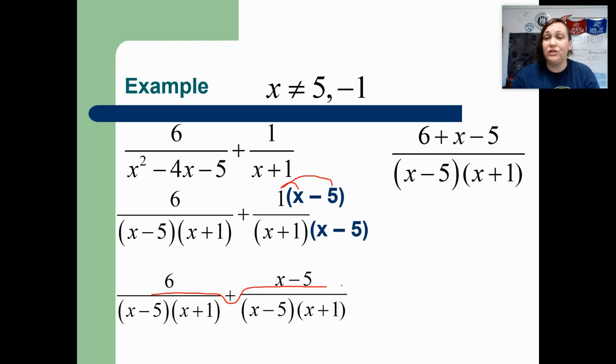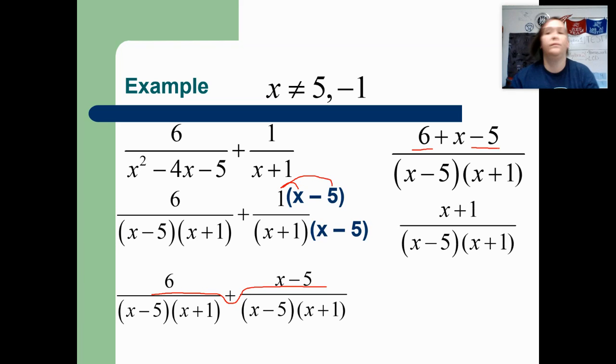The next thing we're going to do is combine like terms. So I have a constant, the number 6, and I have a constant, the number negative 5. So I'm going to combine those together. 6 minus 5 is 1. Now that I've combined like terms, and I've created as simple a numerator as I can, it's an adding problem.